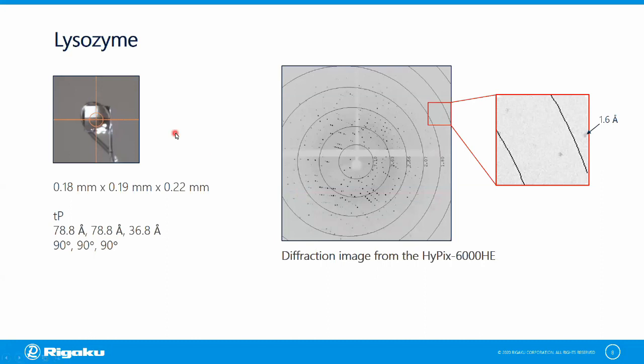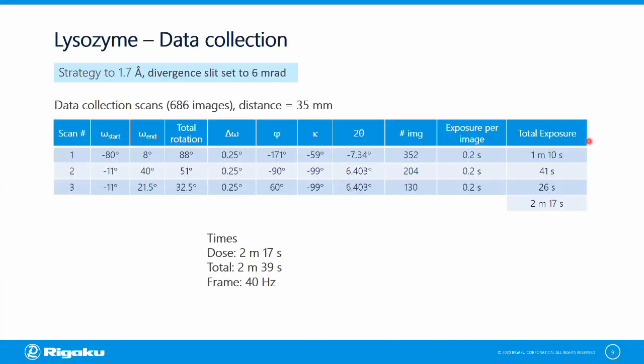Here is a picture of the lysozyme crystal that was collected. It is a really nice 200 micron crystal. It's a tetragonal crystal, and from the diffraction data, we can see that it diffracts to at least 1.6 angstroms. I collected a data collection with a strategy to 1.7 angstroms.